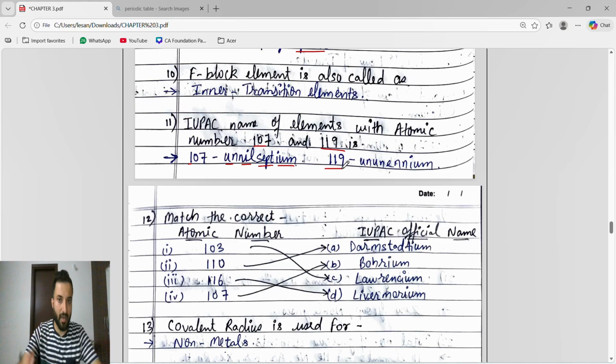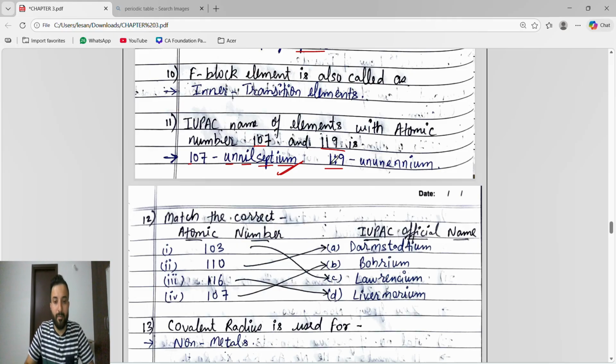In the examination they may ask for 119, 120, 121, 122, 123, 124, 125 and so on. Don't think the question is wrong because we studied only till 118. The question is not wrong. From 101 onwards we use this type of IUPAC naming.